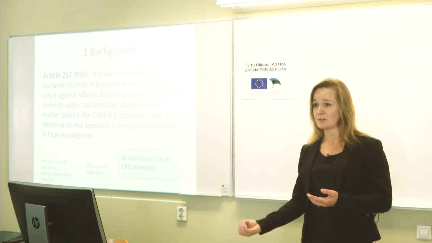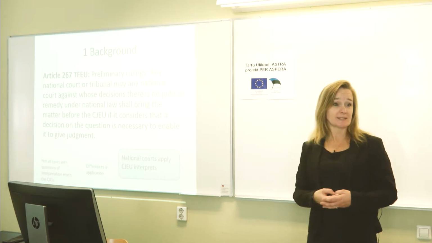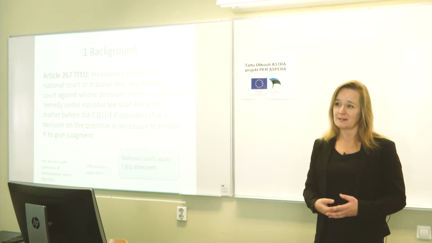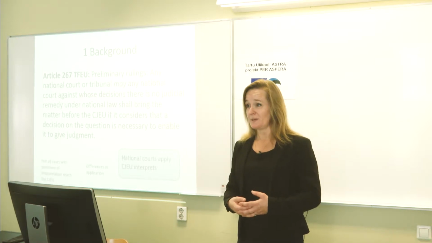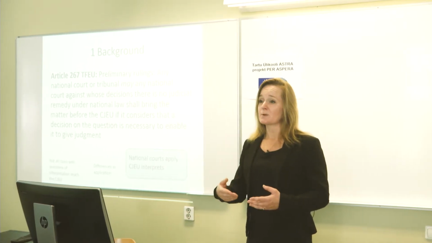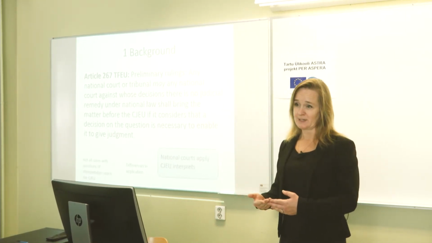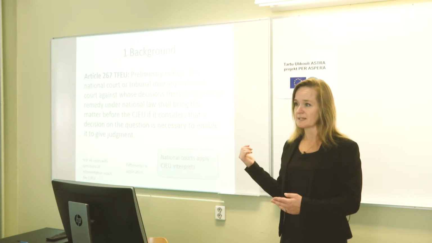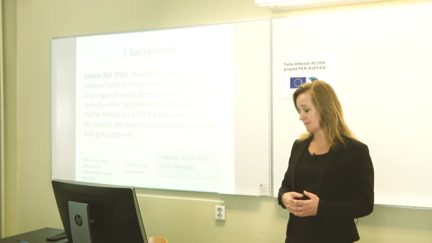And I think this is very important to bring with you when you read preliminary rulings, because it's easy to overinterpret them, because the European Union Court of Justice often describes the case before the national court very much in detail, but it's important to remember that the Court has not told us how to apply this rule on the specific case.